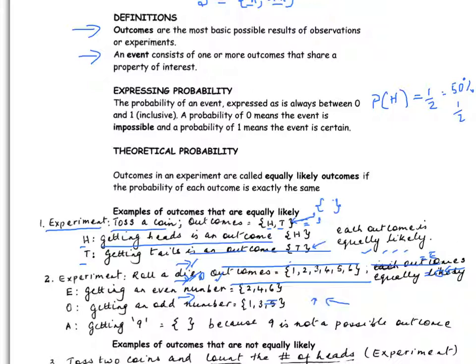And in addition, it's a number between 0 and 1. It cannot be greater than 1, it cannot be less than 0, but it can be 0 and it can be 1. So what happens when the probability of an event is 0? What that means is that event is impossible.